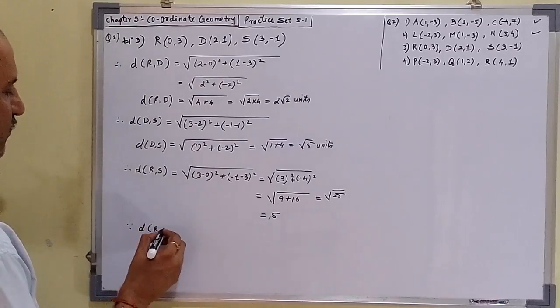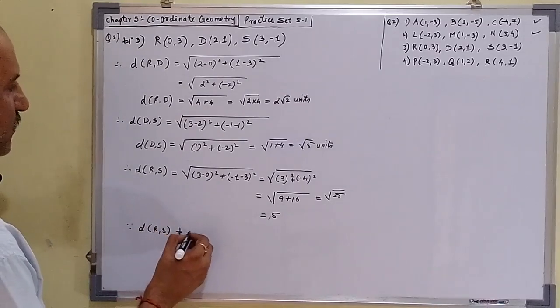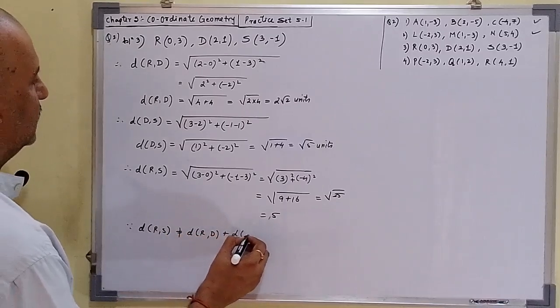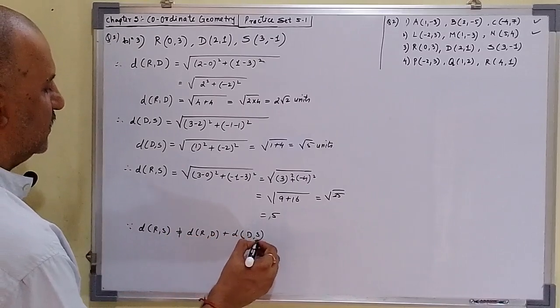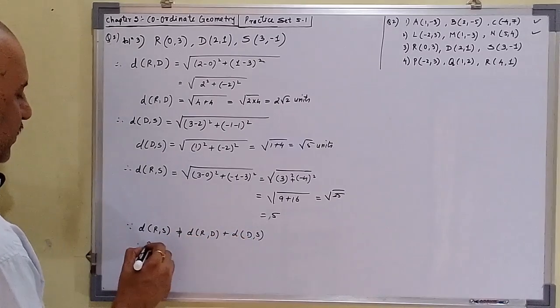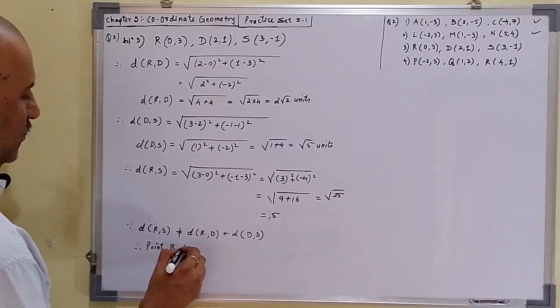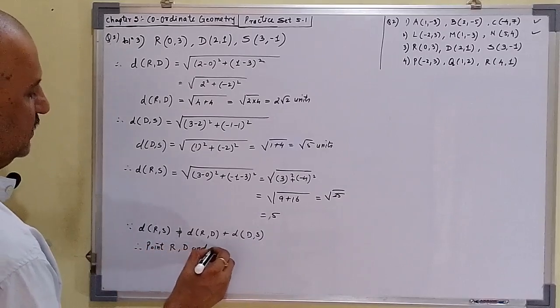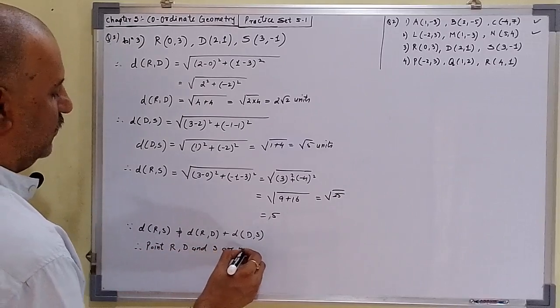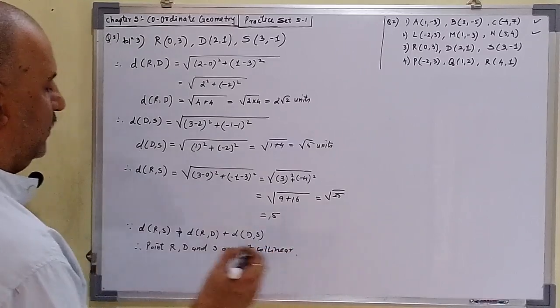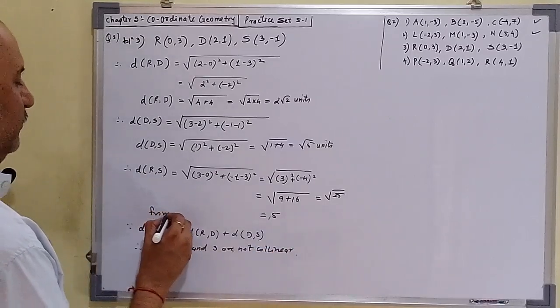Since distance RS is not equal to distance RD plus distance DS, therefore points R, D and S are not collinear.